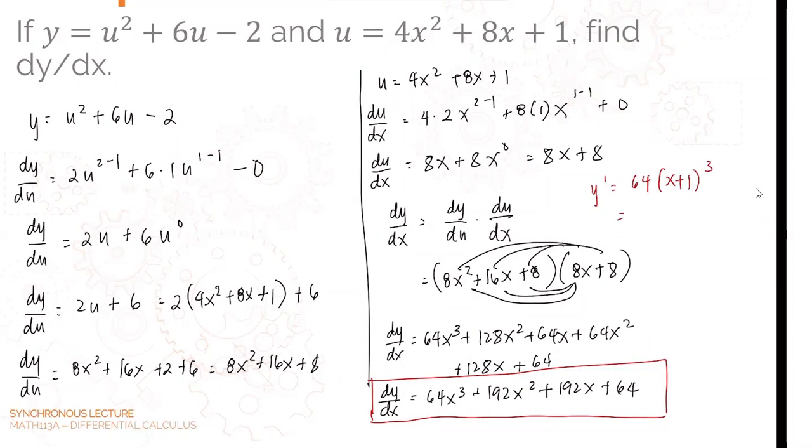Pero yan, pag i-expand ko yung x plus 1 cubed, yan ay equal sa x cubed plus 3x squared plus 3x plus 1. Okay? So pag dinistribute natin, 64x cubed plus 192x squared plus 192x plus 64. So the same lang nito.